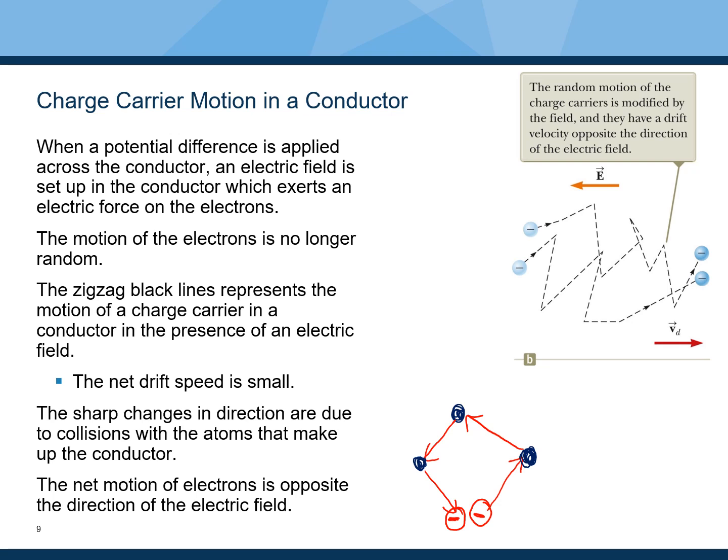Now imagine that I switch on an external electric field that is leftward oriented in this metal. Then, because the electron is negatively charged, it will feel a net force that is oriented in the rightward direction.